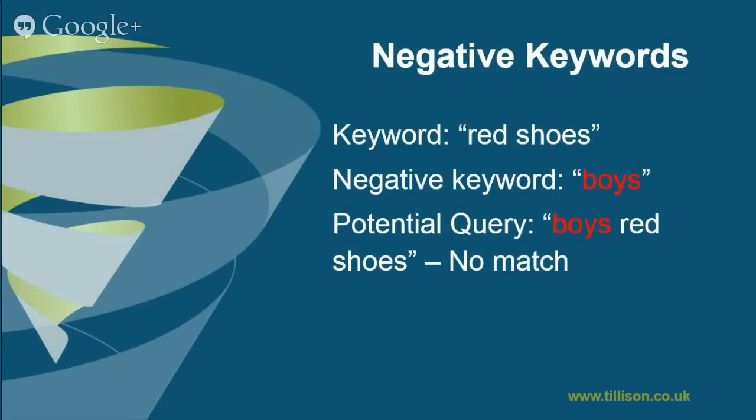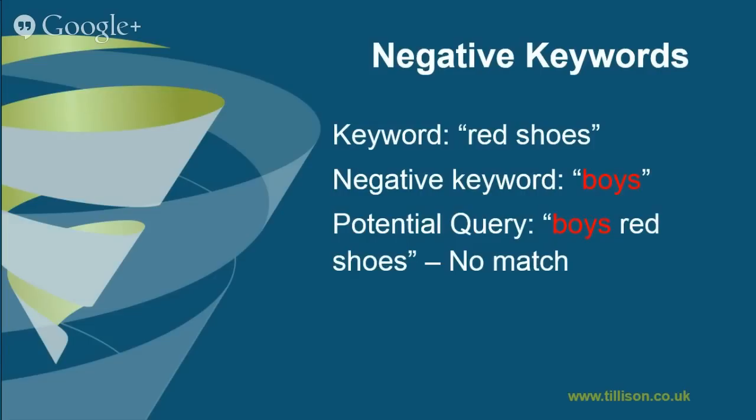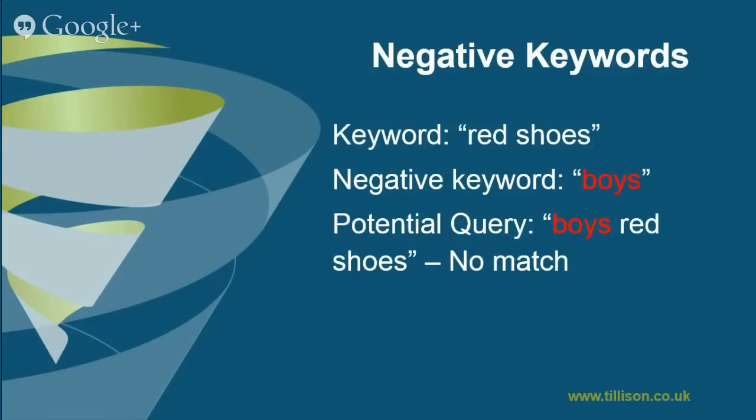Negative keywords are effectively anything you don't want to show your ads for. So an example here, if you only sold girls' red shoes, you would negate the term "boys", because obviously you don't want to match boys for a girls' shoes campaign. So anything that's irrelevant, you just remove from the campaign.